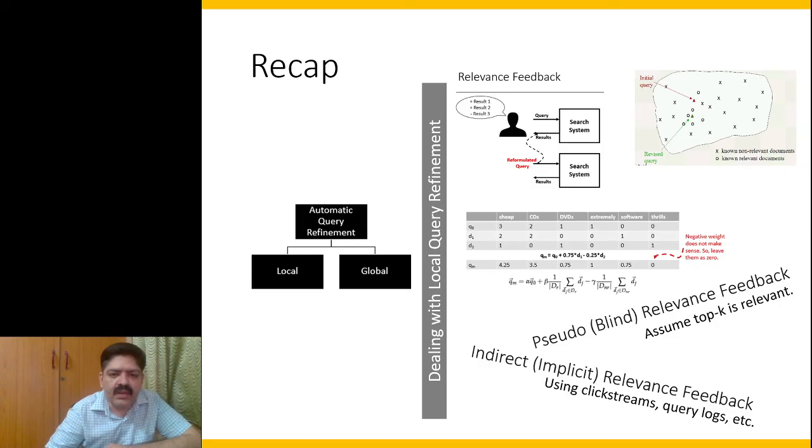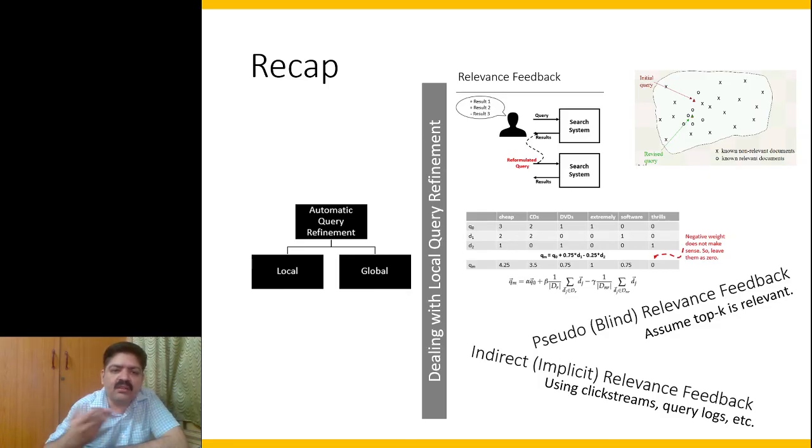I also told you that sometimes we go for the top K assumption that the top K documents are relevant. And this kind of relevance feedback is called pseudo relevance feedback or blind relevance feedback. We could also do indirect or implicit relevance feedback. That is, we use the click streams, query logs, etc. to understand the relevance information. So that was about the local query refinement and how we handle them.